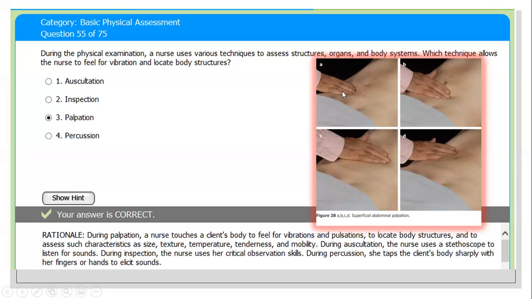So palpation is of two types, light and deep. Deep palpation of the abdomen, like in this picture, is performed by placing the flat of the hand on the abdominal wall and applying firm, steady pressure. You see the picture? Your hand is placed flat on the abdominal wall, applying steady pressure.